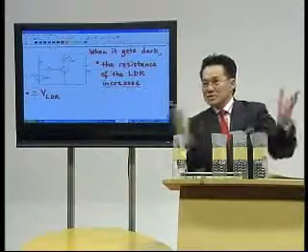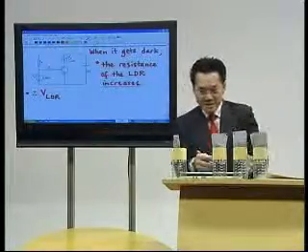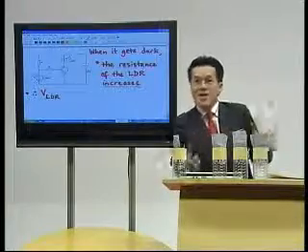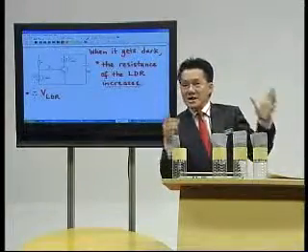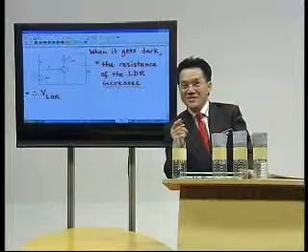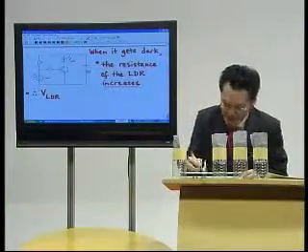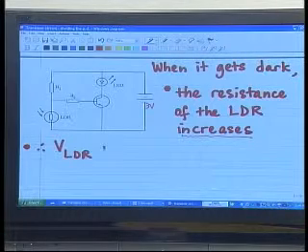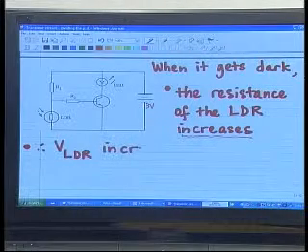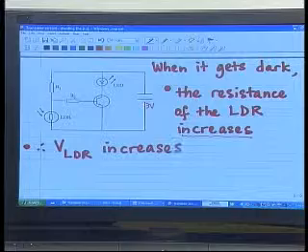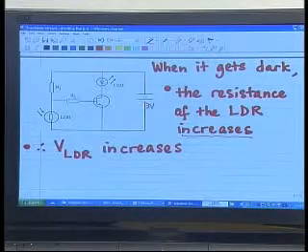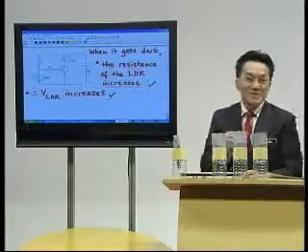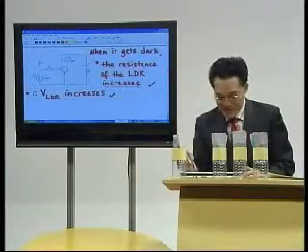Okay? Can you signal to me by your hand whether the voltage goes up or is coming down now? Does it increase or decrease? You can see that it increases, isn't it? Okay? So the potential difference across the LDR increases. Second point, which means that I get 1 mark here, I get 1 mark here. Okay, wonderful, very simple. 2 more marks to go.